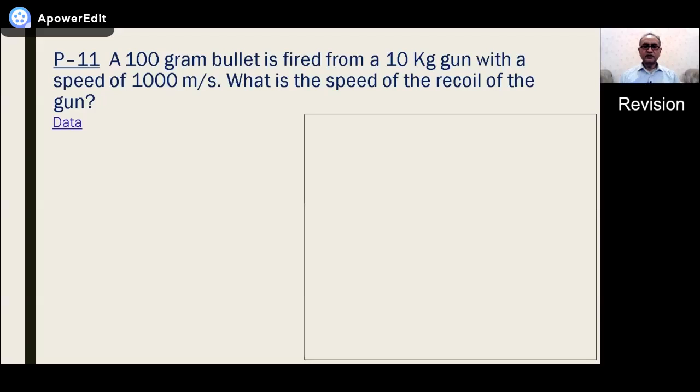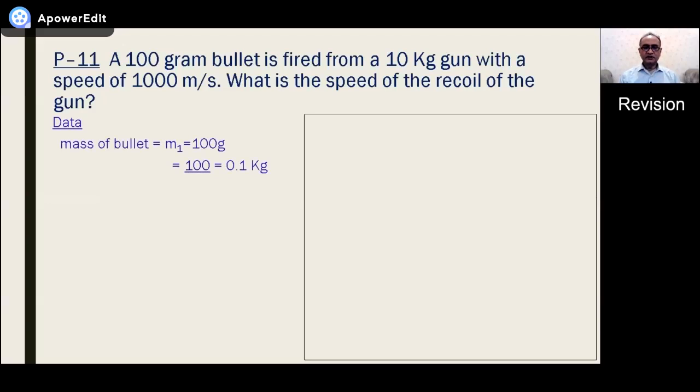When the bullet is fired, it acquires a velocity of 1000 meter per second. As you know, if the bullet goes in the forward direction, the gun will go in the backward direction. This is called the recoil of the gun, and we have to find the velocity of the recoil of the gun, right? So here is the data.